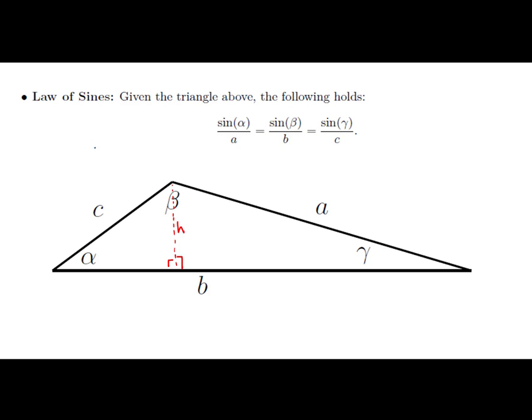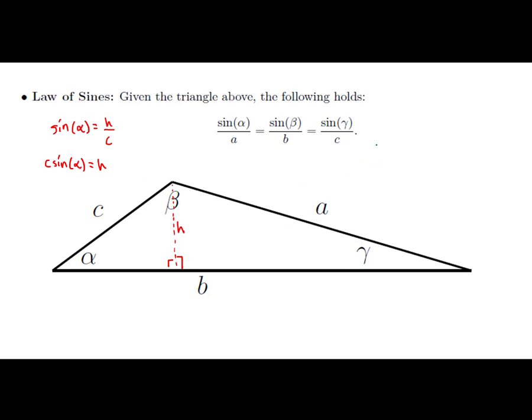Okay, so I know that the sine of alpha is equal to h over c, which means that c times the sine of alpha is equal to h. And then over here, I can do a similar thing.